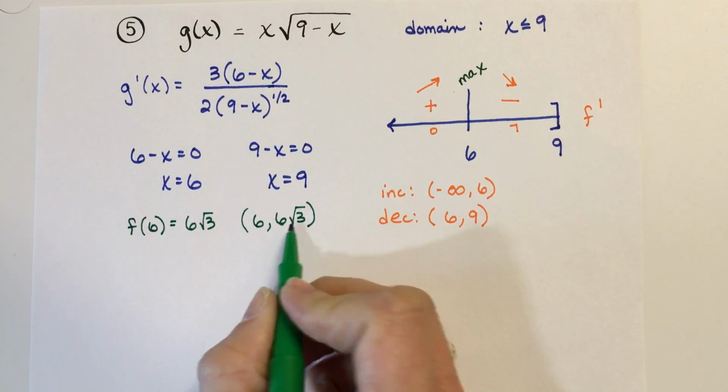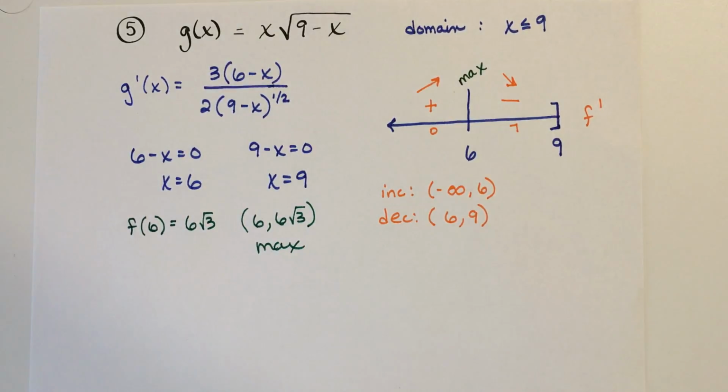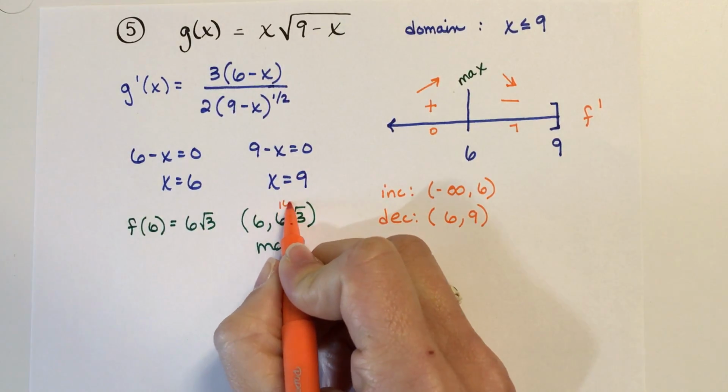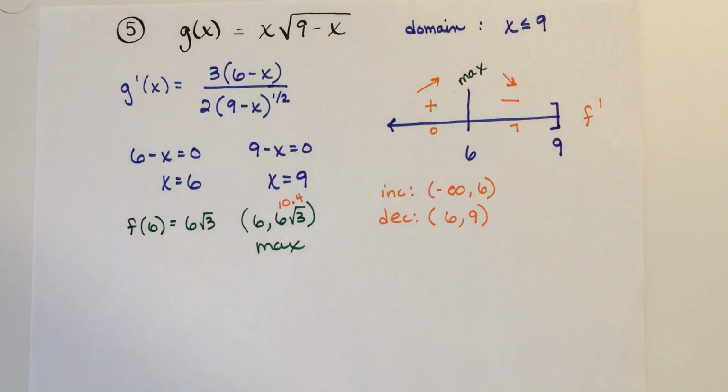So this will be your maximum value, okay? Now when you go to plot the point, 6 square root 3 is approximately 10.4. So that would be what you need to think of as your value when we go to graph it.